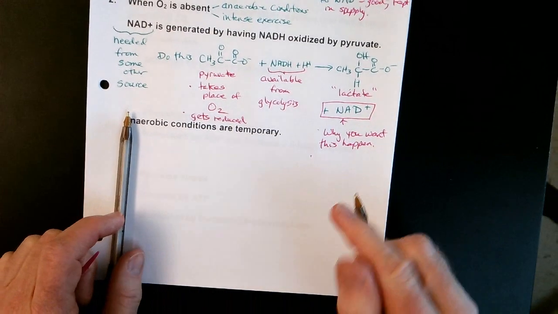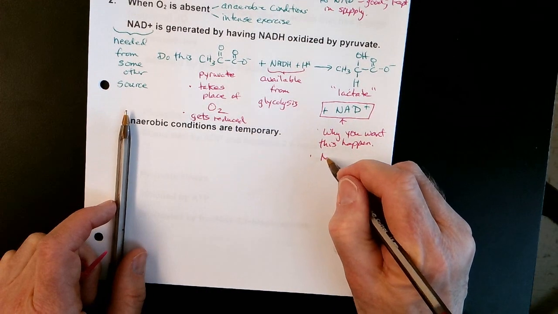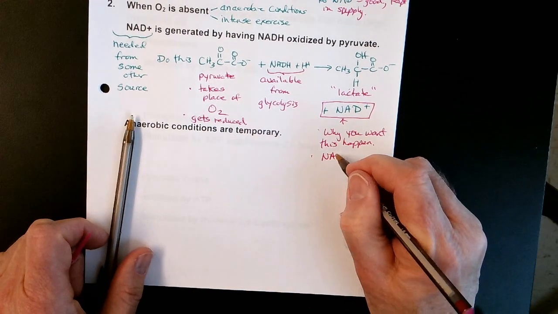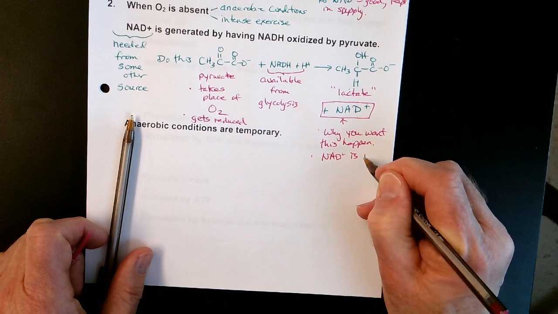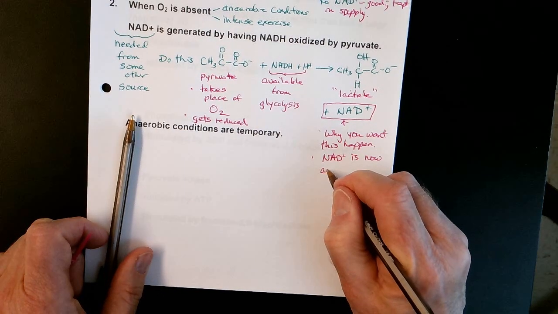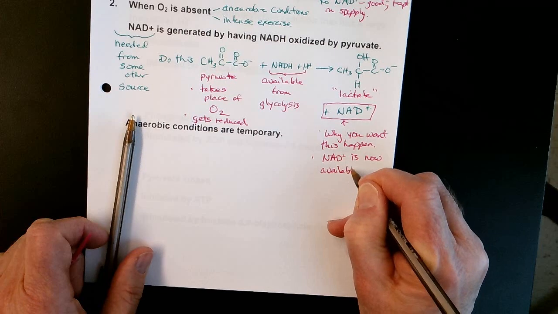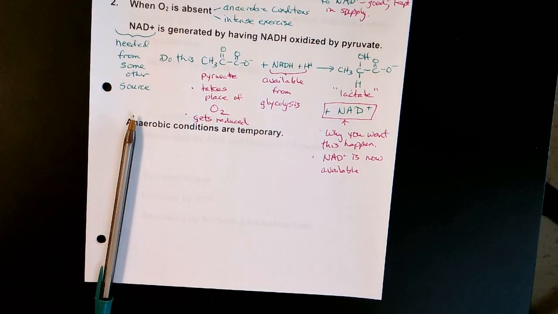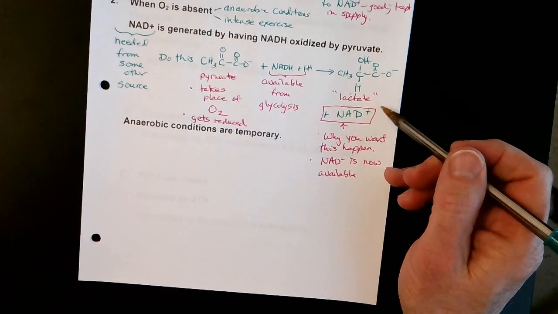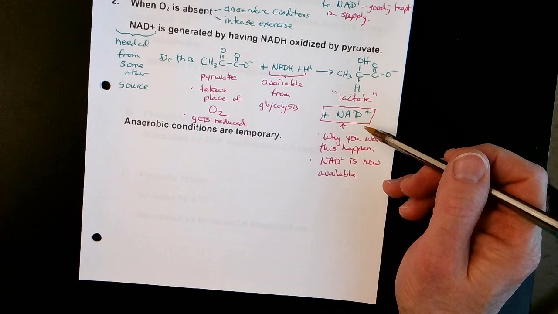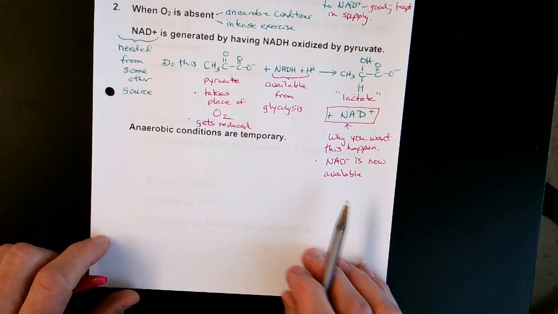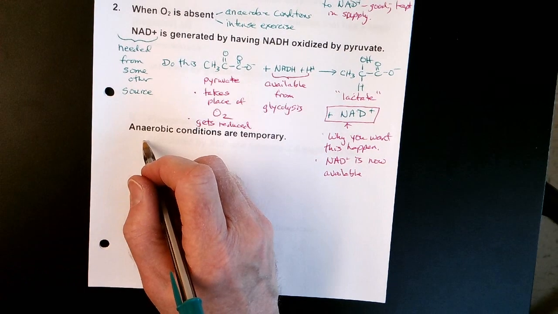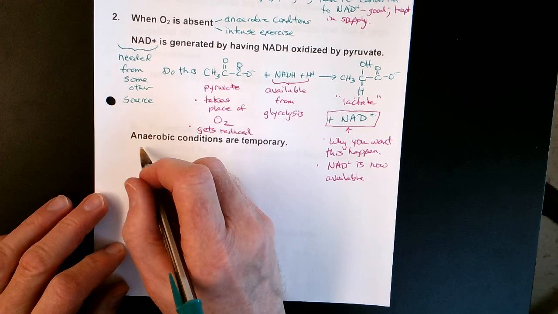Another way to think of it is that NAD+ is now available, even though you don't have any oxygen around to generate it. Okay, that's good. You can now keep living. That's the good news, right? So you don't die. And the anaerobic conditions are temporary.